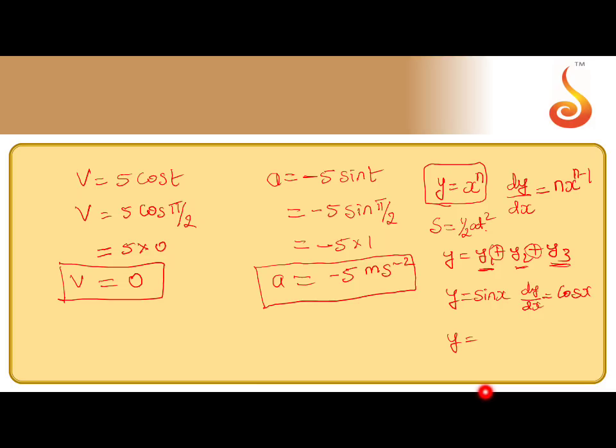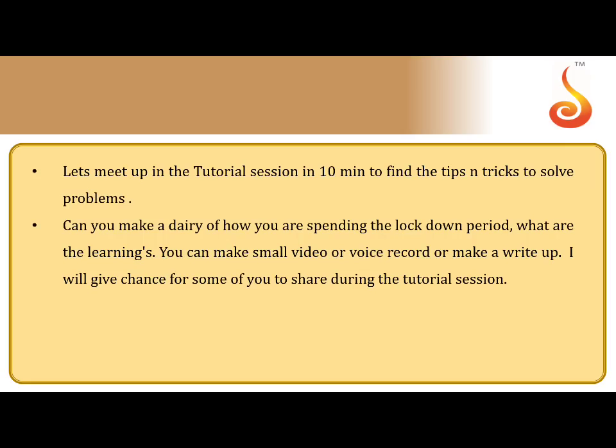If y is equal to cos x, dy by dx is equal to minus sin x. So with this background, in the tutorial session, we will try to solve some numericals.